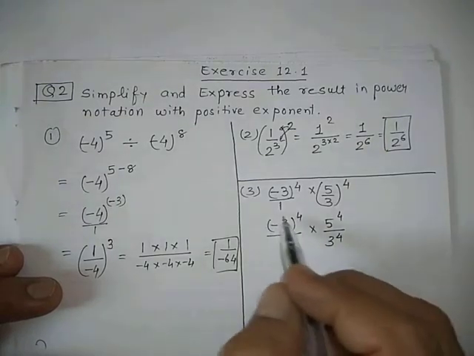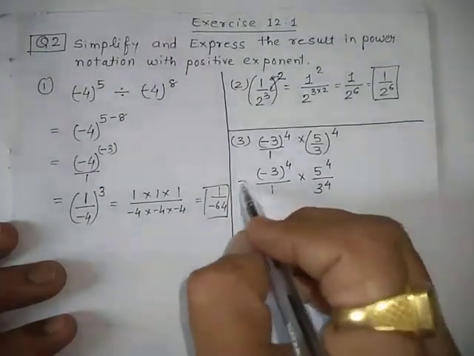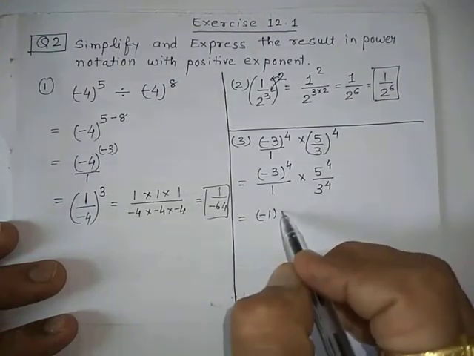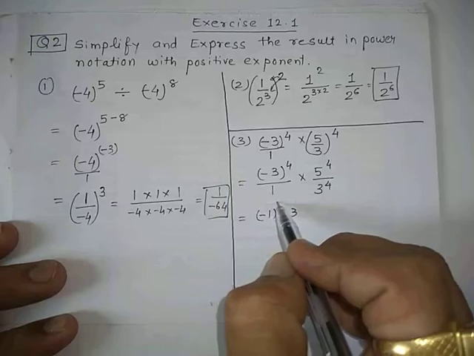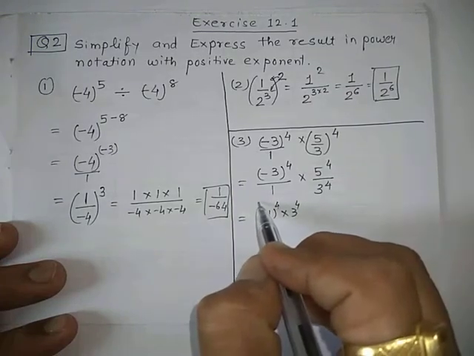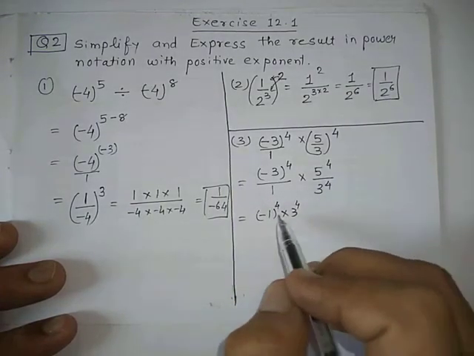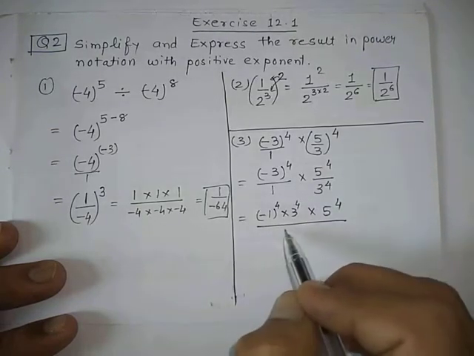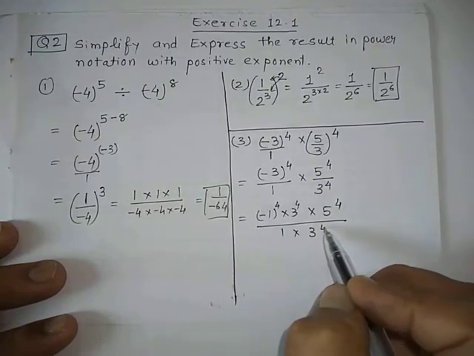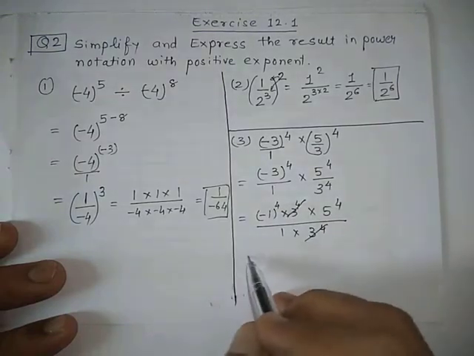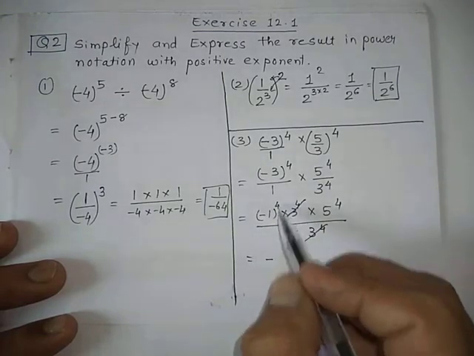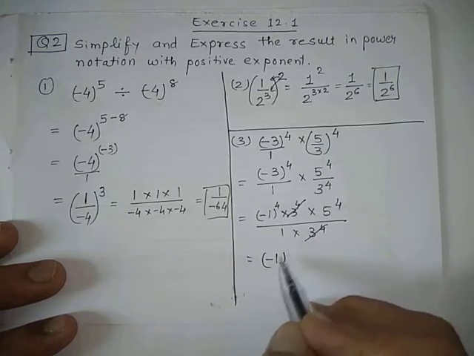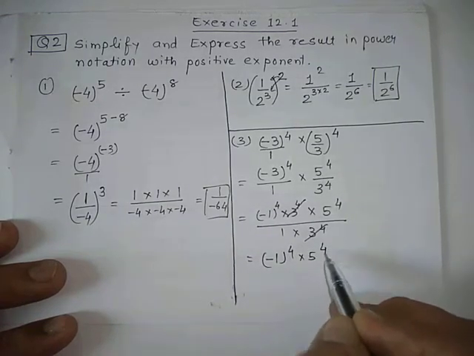Okay, we can write like this, minus 1 into 3, this also 4 power, this also 4 power if we write in brackets, okay, into 5 raised to 4 upon 1 into 3 raised to 4. So 3 raised to 4, 3 raised to 4 get cancelled. Minus 1 with 4 power into 5 raised to 4.